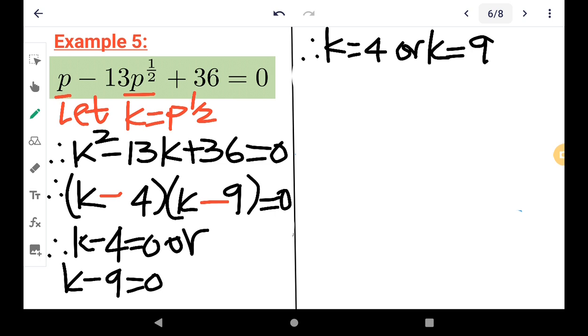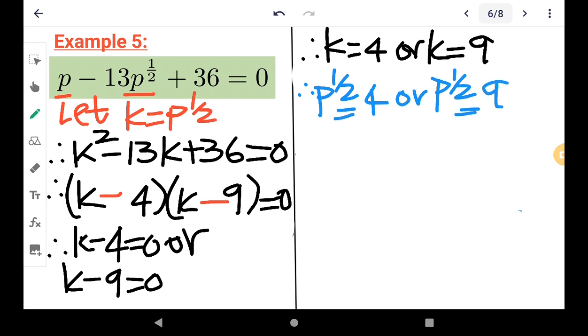We're not solving for k there, we're solving for p. So let's revert back. Therefore, p to the power of a half equals 4, or p to the power of a half equals 9.